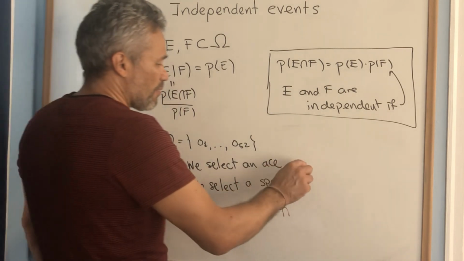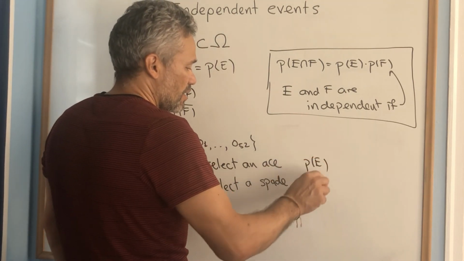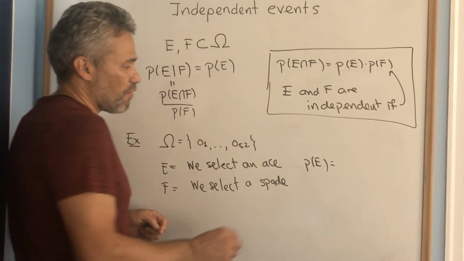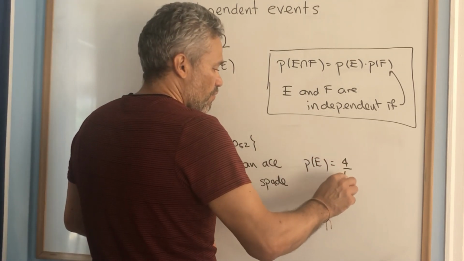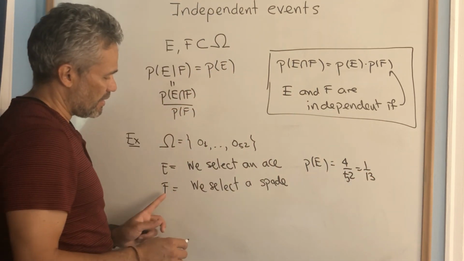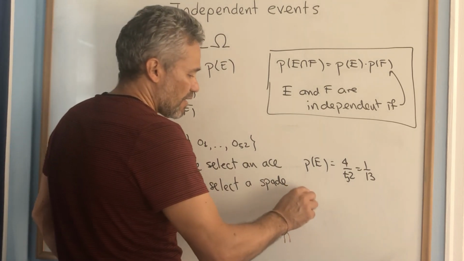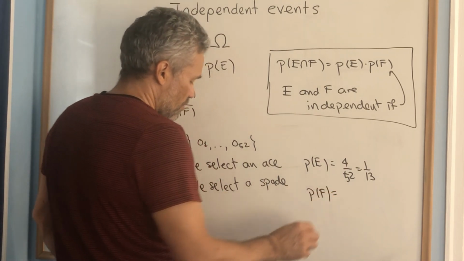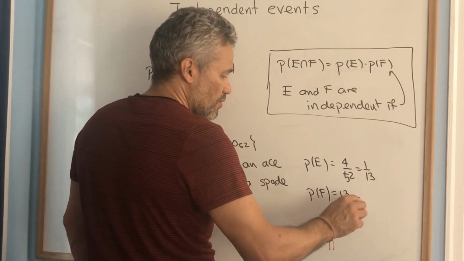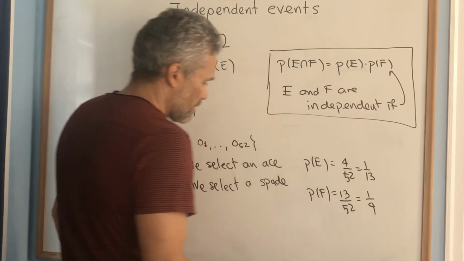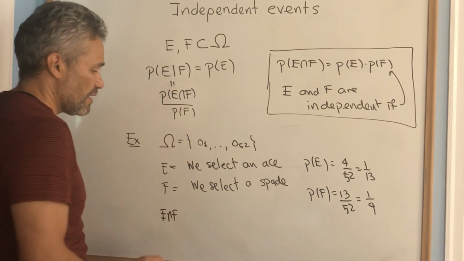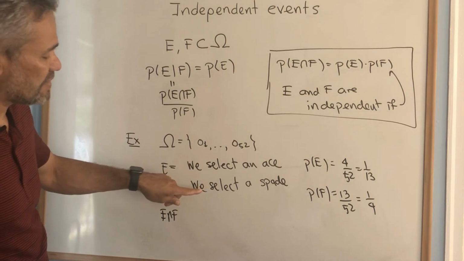Then what is the probability of E? How many aces do we have? We have 4, then it is 4 over 52, which is 1 over 13. How many spades do we have? The probability of F would be 13 over 52, which is 1/4. But then the event E intersection with F means that we select the ace of spades.